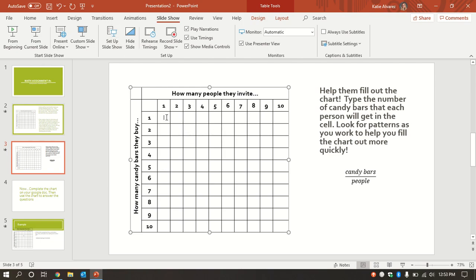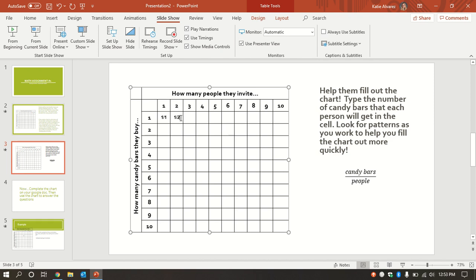For example, in this first box, you have 1 candy bar and you have 1 person. You can write it as a fraction like this, where you have candy bars on the top and how many people there are on the bottom. In the next box, you still have 1 candy bar, but now you have 2 people sharing that same candy bar.